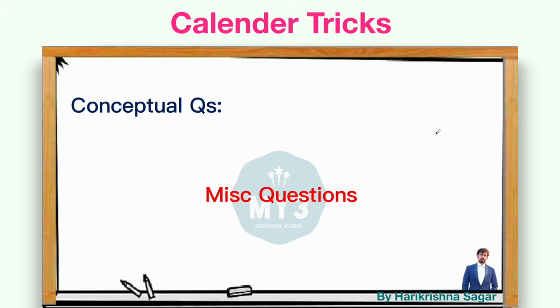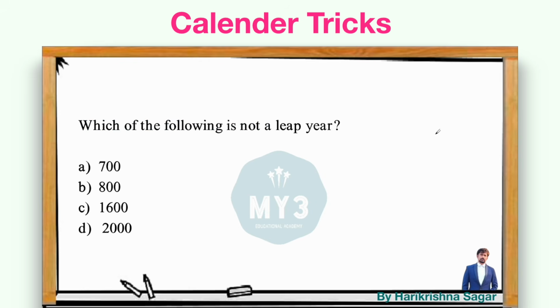So let's look at the conceptual questions and theory questions which are given in the calendars. So theory questions are like this. This also we already had a discussion in the last question. Which of the following is not a leap year? So remember, every century will be considered as a non-leap year, and every leap century will be considered as a leap year.